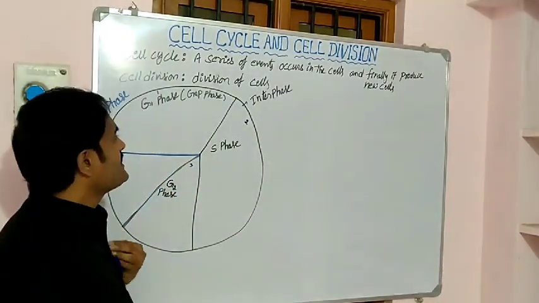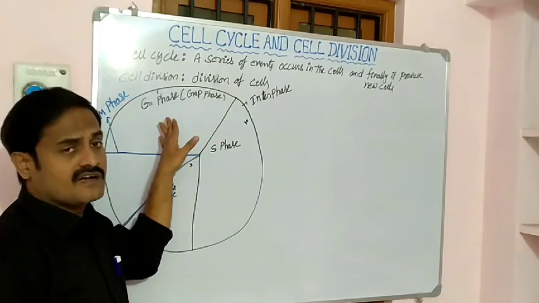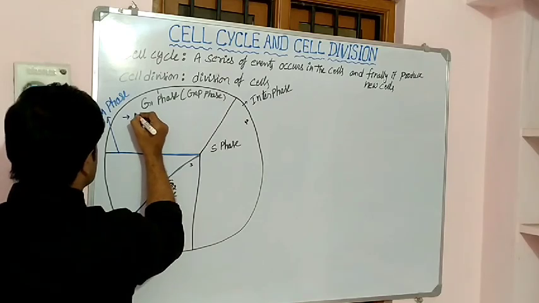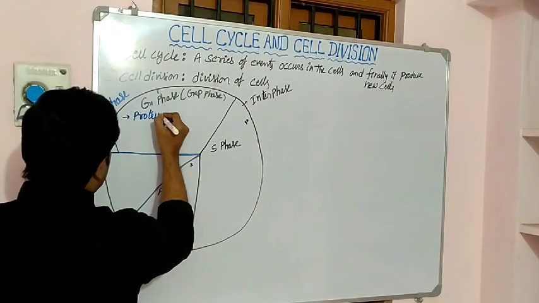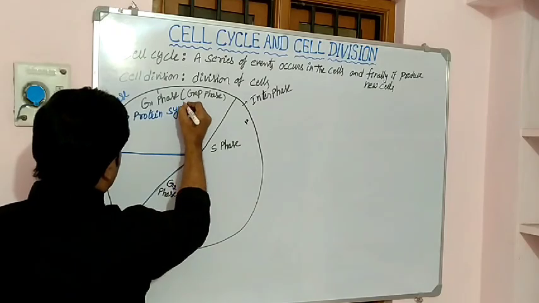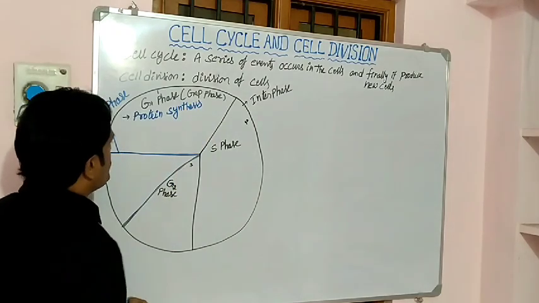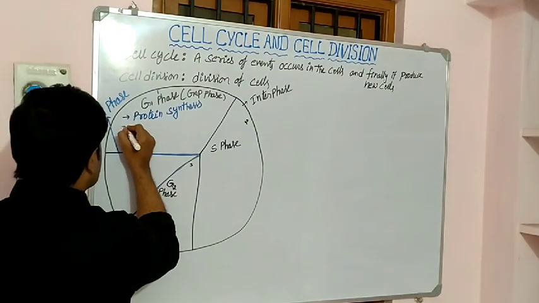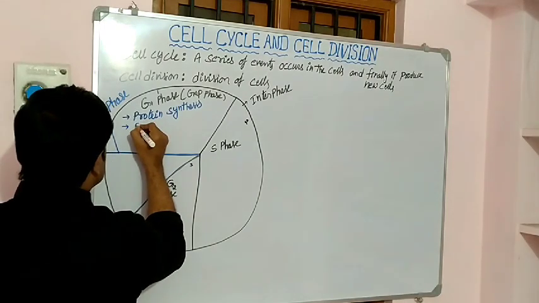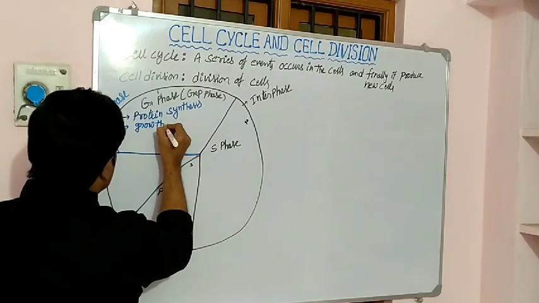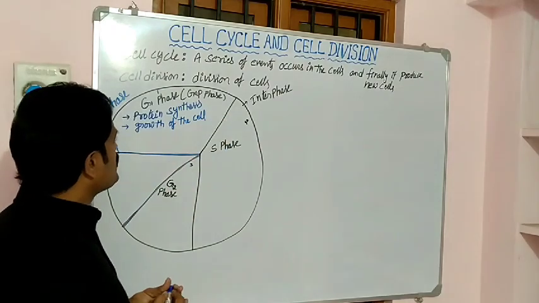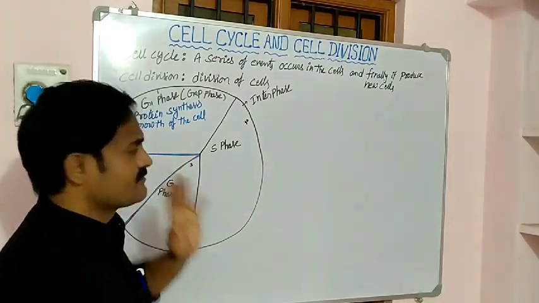During the G1 phase, protein synthesis occurs, which is the preparation of proteins, and the second function is growth of the cell.